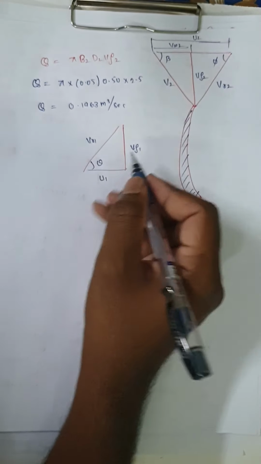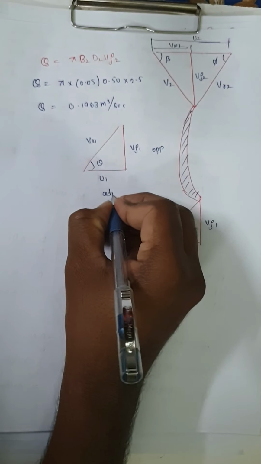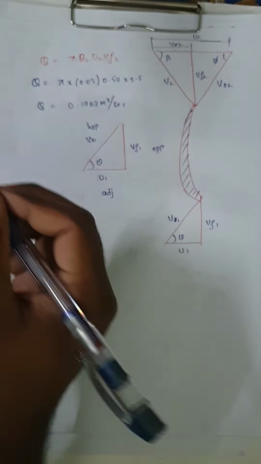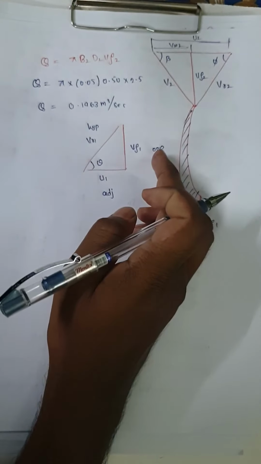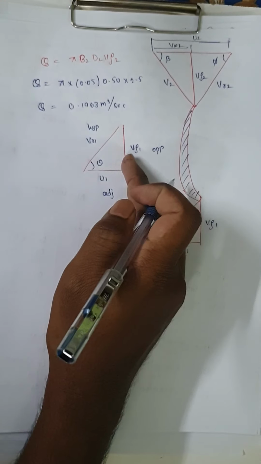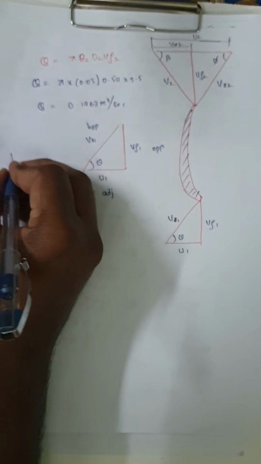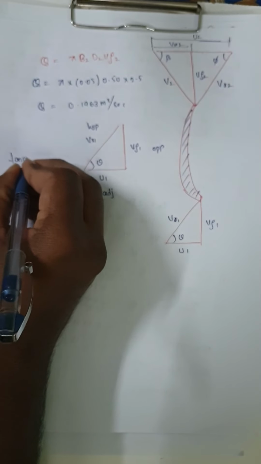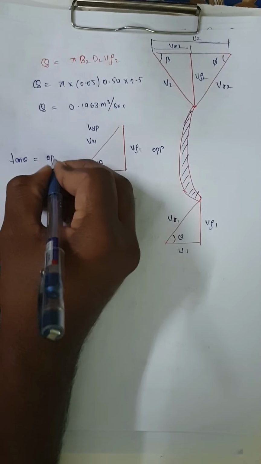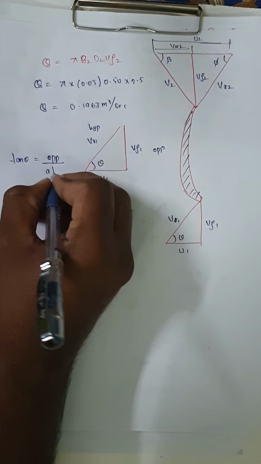Theta is here; opposite to that is always considered the opposite, this one the adjacent, and this one the hypotenuse. You know the value of u1 as well as Vf1, so opposite by adjacent, for finding theta it is tan theta.